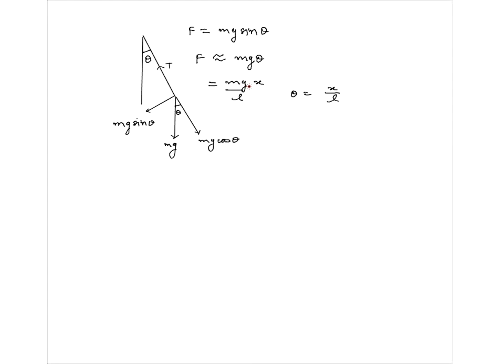Now what happens if this pendulum is kept inside an elevator? Let us say this is the elevator. Either I say pendulum is kept, or maybe I can hang it right from the top, like this.